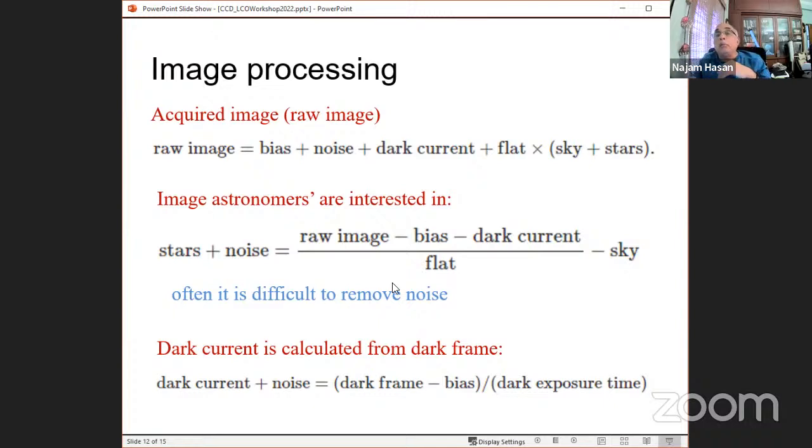And then you divide it by the flat. And the flat is you take many images of an evenly lit screen.